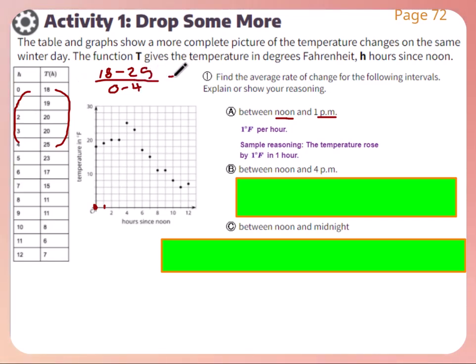All right, 18 minus 25 is -7 over -4. I think that's correct. Get your calculator out and check. Okay, you divide a negative by a negative, you get a positive. So that's positive 7 over 4.